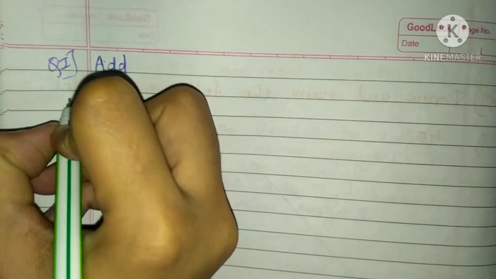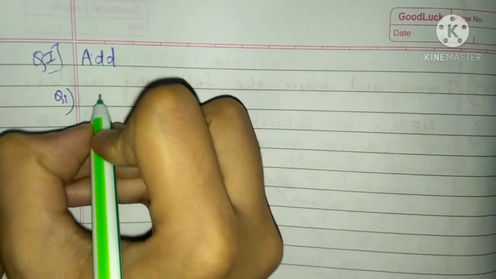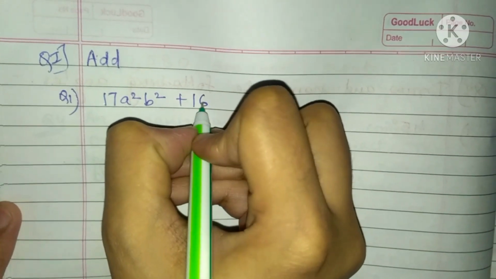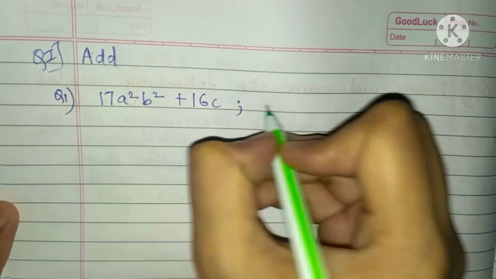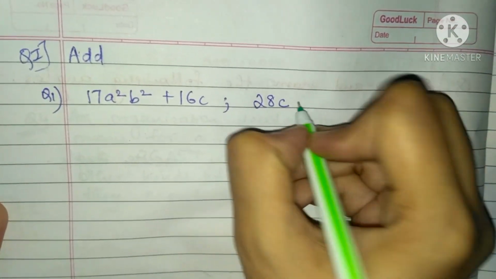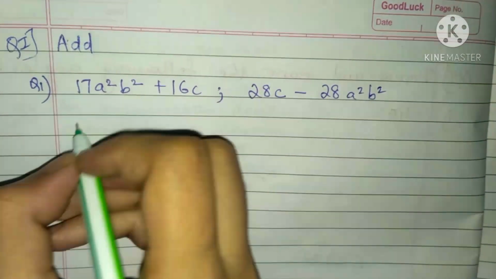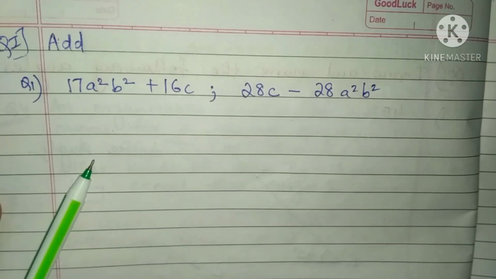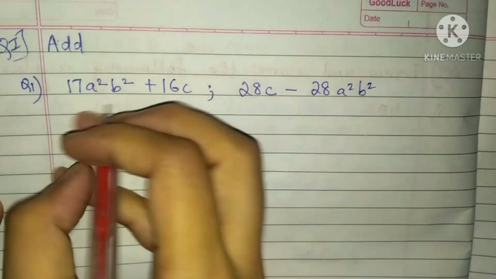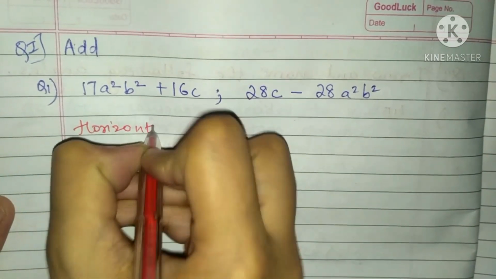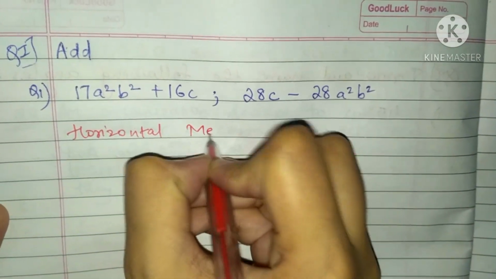Now we will see how to add algebraic expressions. For example, the first question: 7a square b square plus 16c. This is one expression. We have to add it with the second expression, 2c minus 28a square b square. There are two methods to add: the horizontal method and the vertical method.